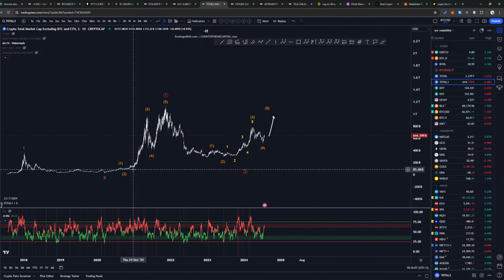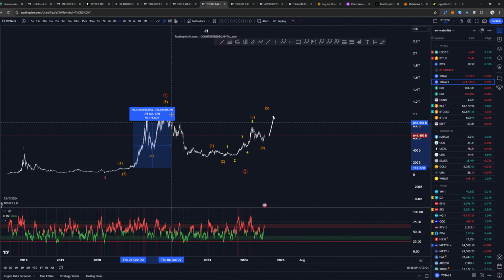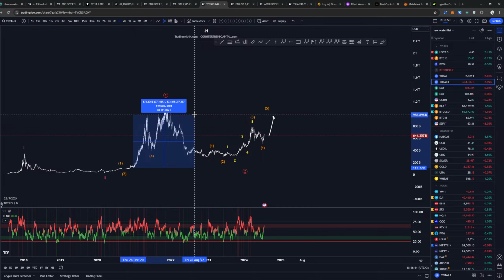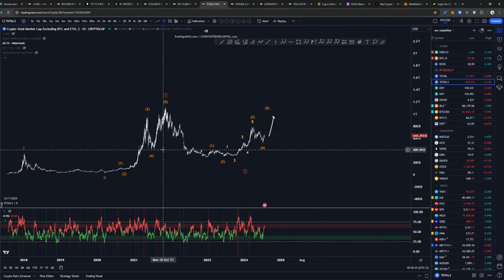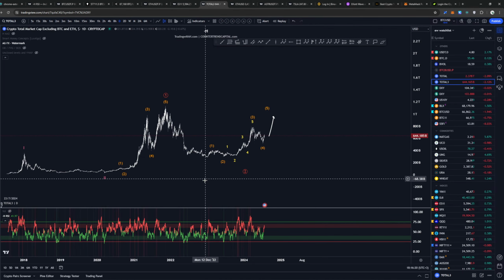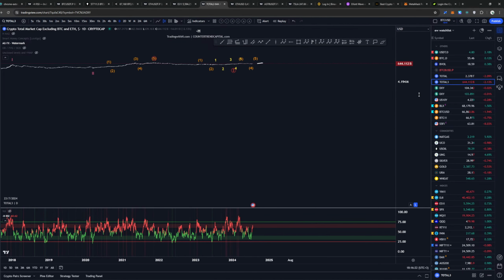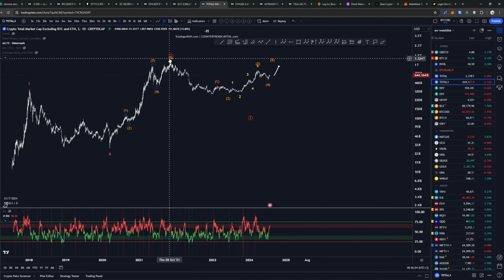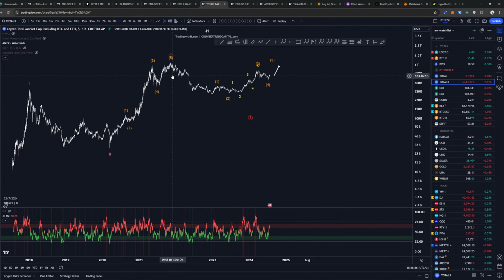In here, 85 to that is 700%, and from here 200%. Well, not the largest, I guess, here. But yeah, I'm really expecting one more high.